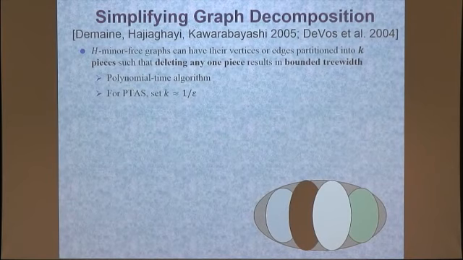Okay. Now, what is that? The first one is this one. Any H-minor-free graph, the vertices or edges, actually both are important, can be partitioned into k pieces such that deleting any one piece results in a bounded treewidth graph.